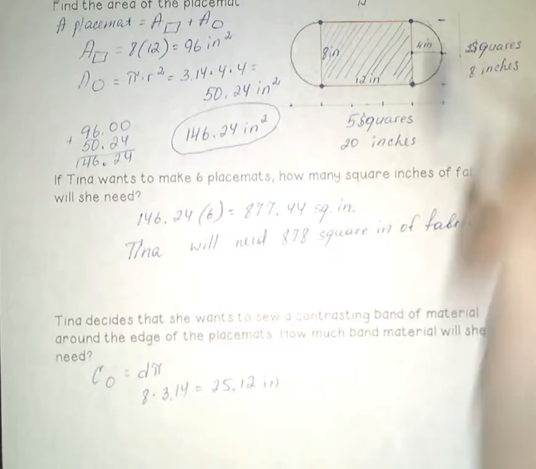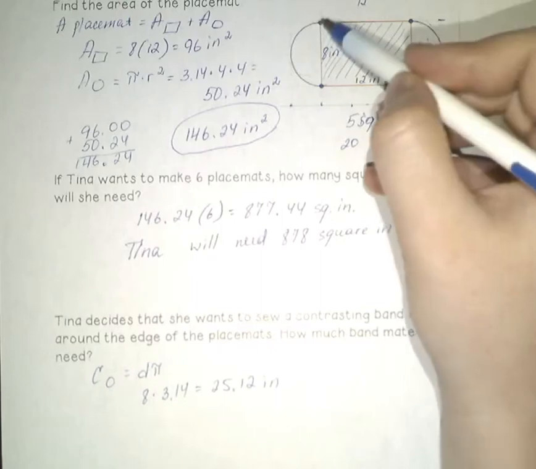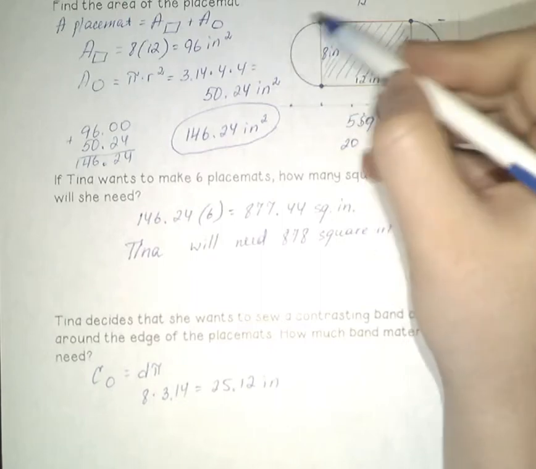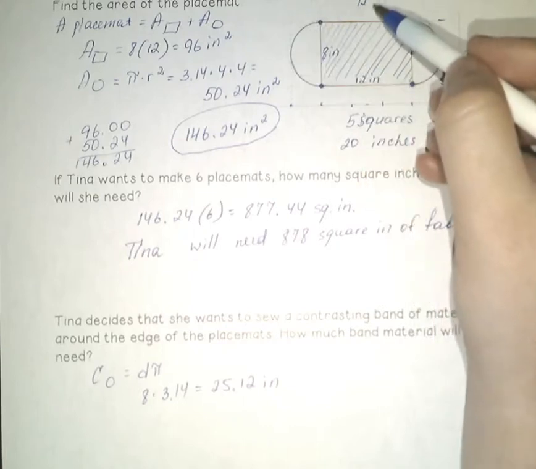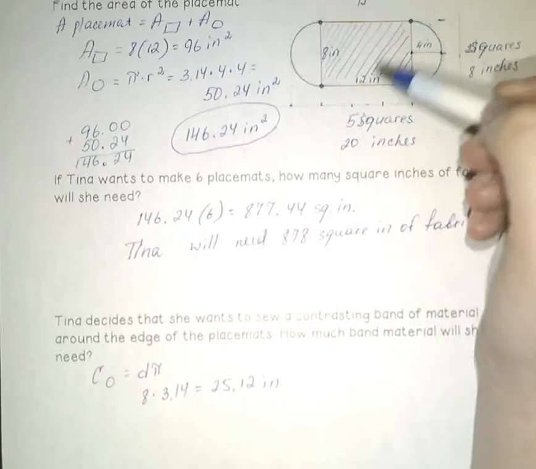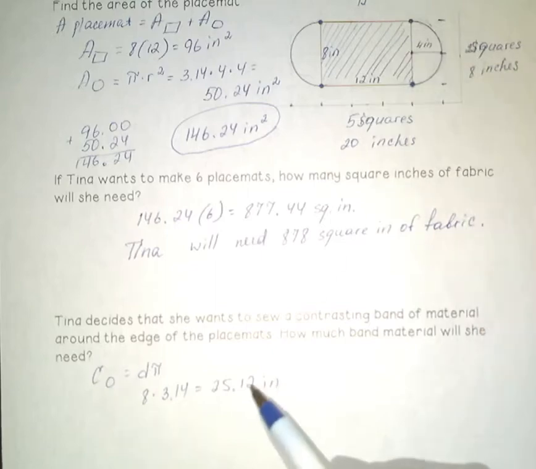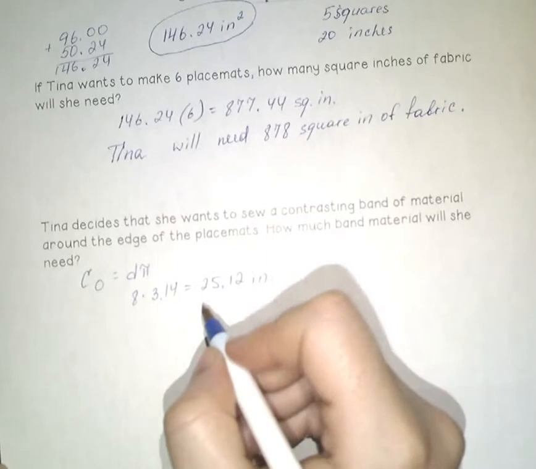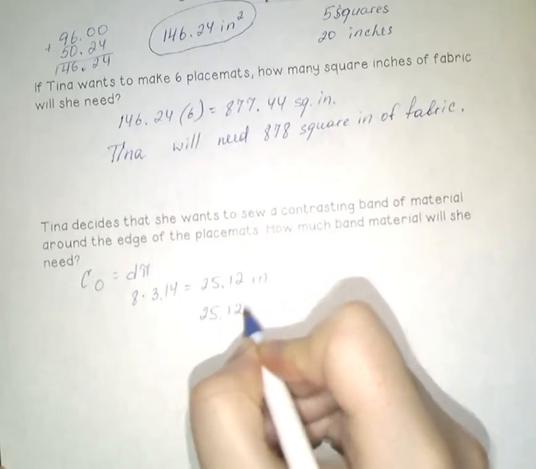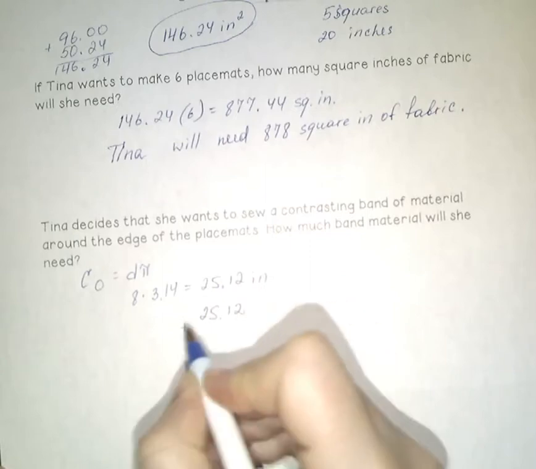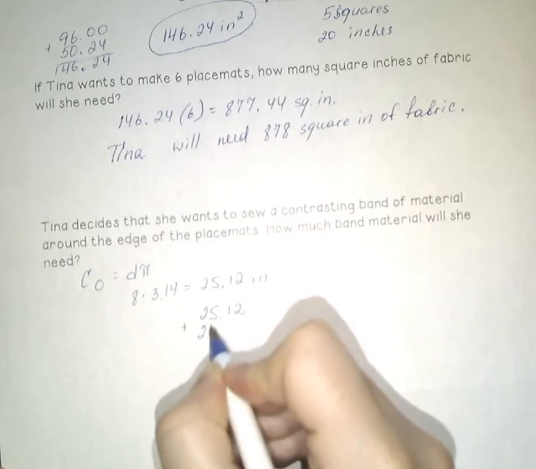So right now we found these two distances around the sides of our placemat. All we need to do now is to add 12 and 12, which is 24, to what we have here. So we will write 25.12 plus 24 for the two sides here.